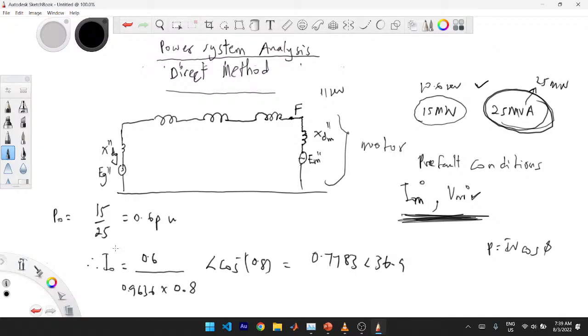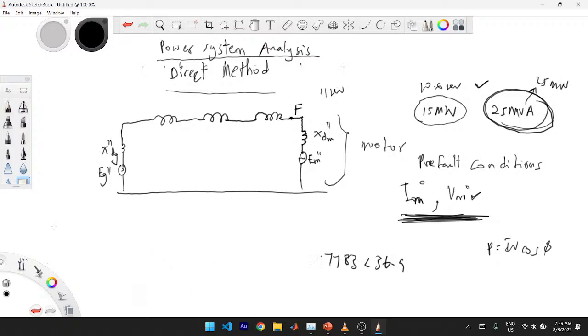Now, what have we found? Initially, this is the current flowing through the motor, the current delivered into the motor, and this 0.9636 is the voltage across the motor. So let's draw and see. Here's how the circuit looks.